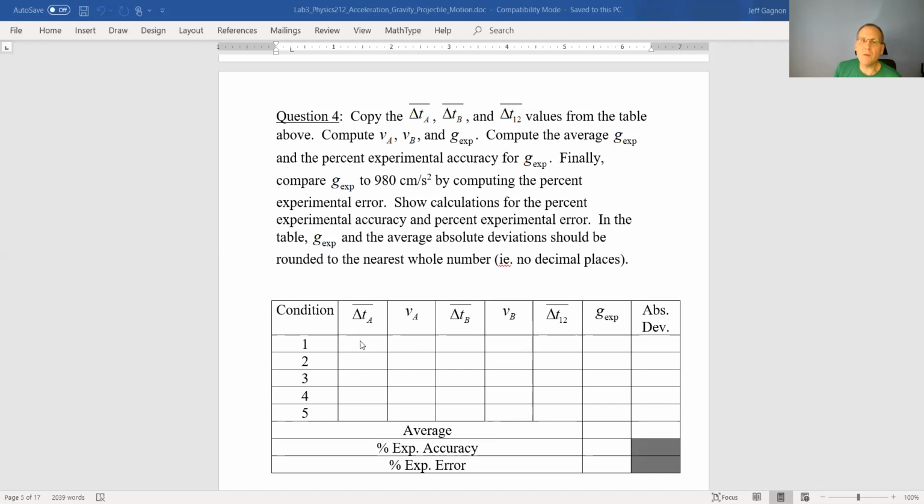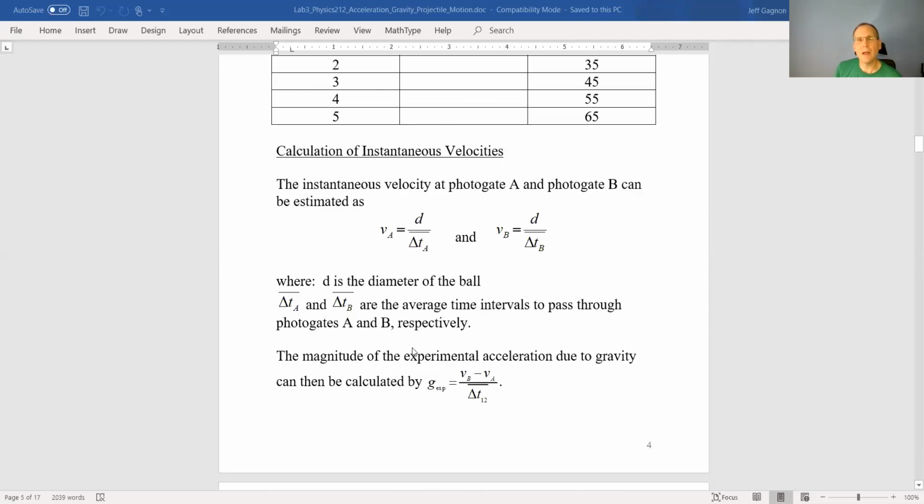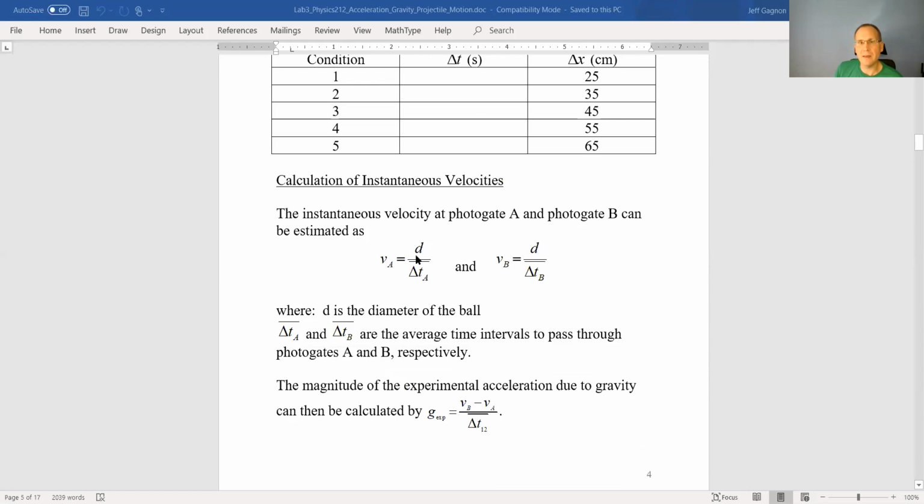And actually, because photogate A doesn't move at all, these values should be very similar to one another, okay? I believe they're actually quite high too, like 180-ish in terms of centimeters per second. And actually, these are the equations right here. D is the diameter of the ball. We're going to use 1.90 centimeters.